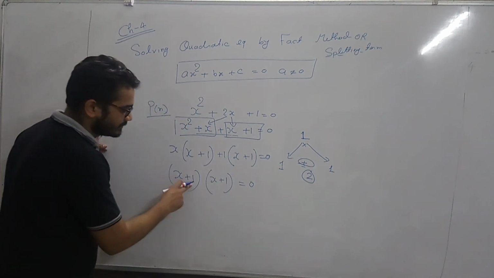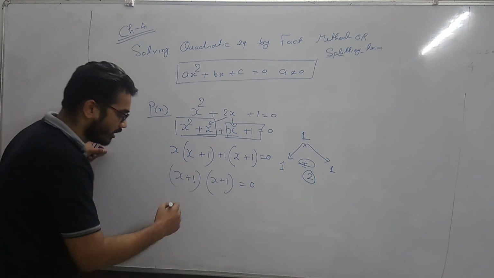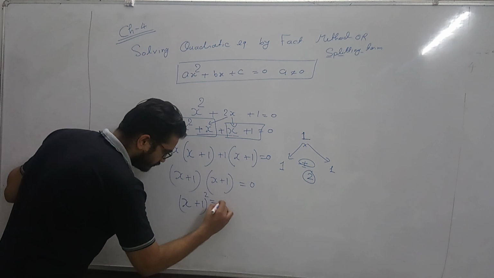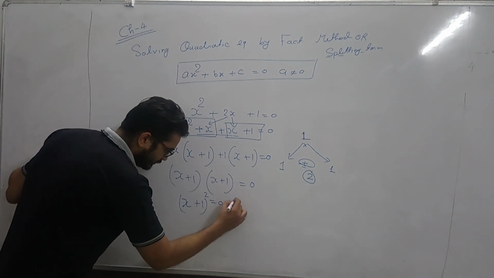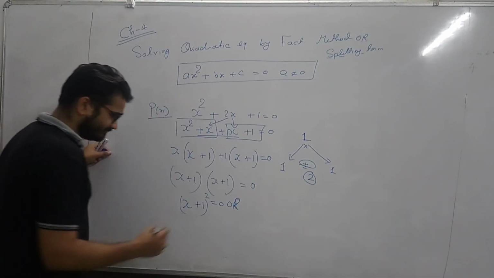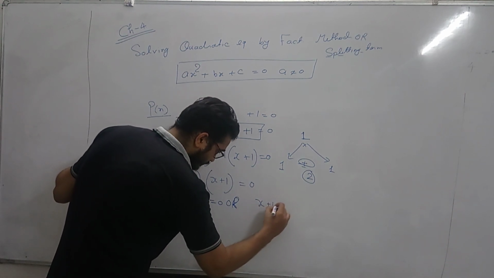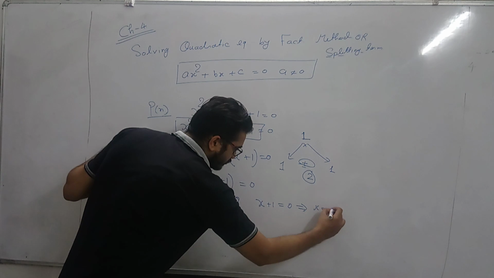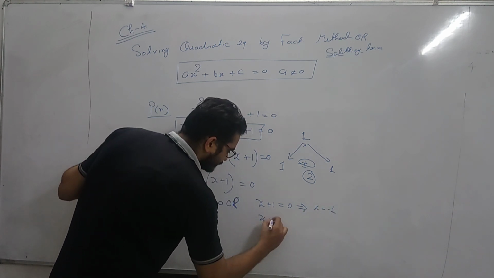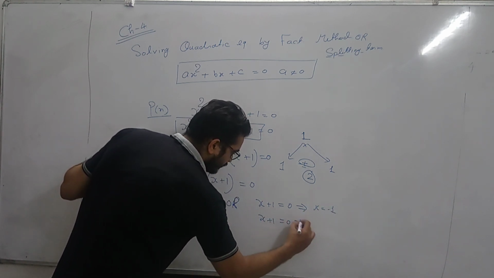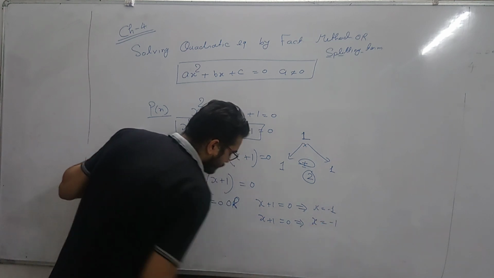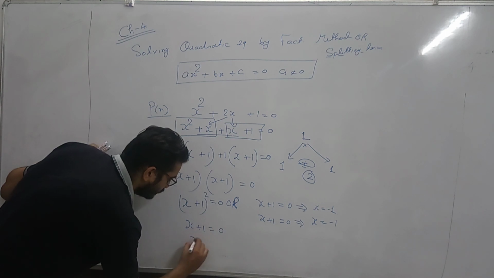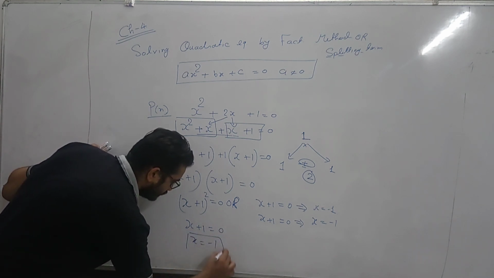Now you can see that x plus 1 whole square is equal to 0, so x plus 1 is equal to 0, which implies that x is equal to minus 1, or x plus 1 is equal to 0, so x is equal to minus 1.